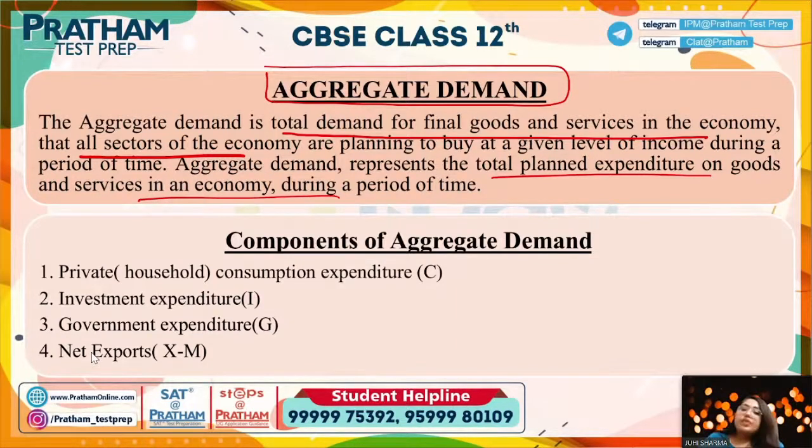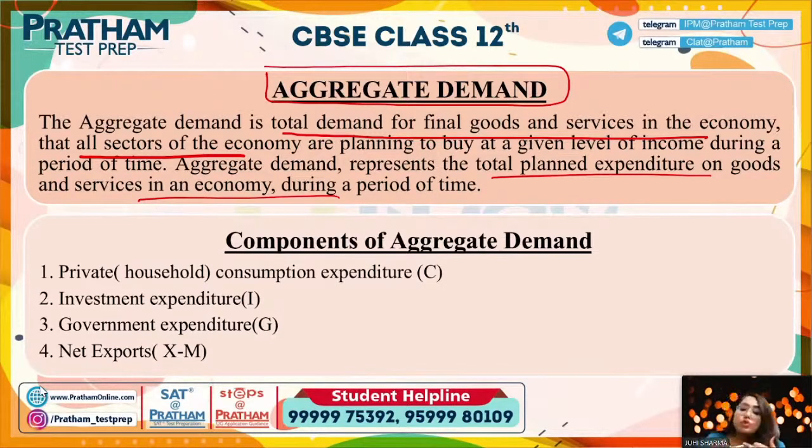Now you need to understand one thing, कि जब हम यहाँ पे final goods and services की बात कर रहे हैं, that is the aggregate demand, तो इसमें क्या क्या include होगा? इसमें include होगा जो हम household consumption करते हैं, right? We do private consumption, household consumption, that is included. Secondly, investment पर जो हम expenditure करते हैं वो included है.